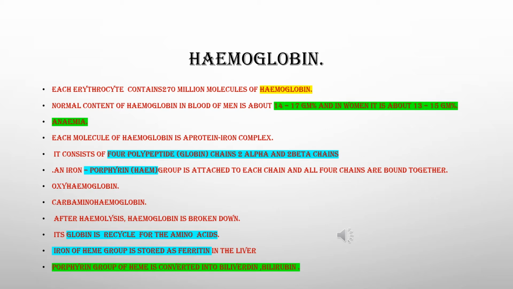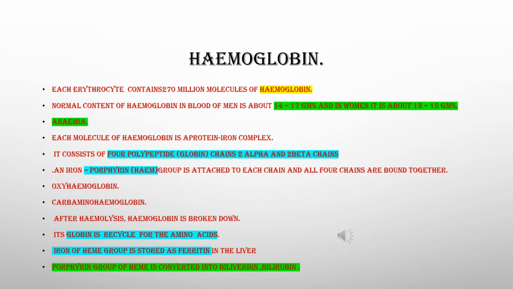In the cell that oxyhemoglobin dissociates into oxygen and hemoglobin. Oxygen, that is O2, is taken up by the cell for cellular respiration, where that oxygen is utilized for breaking down complex organic food into a simpler form with the release of energy.